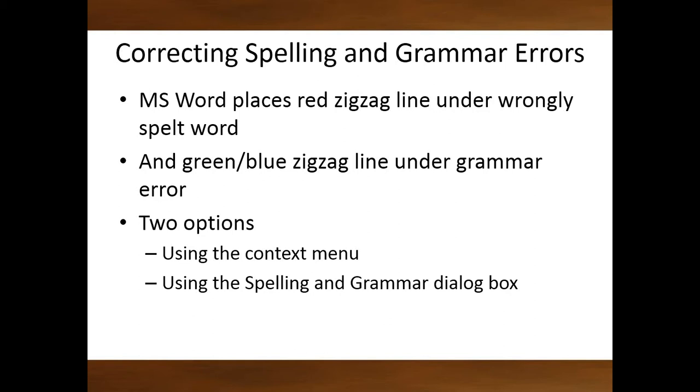We have two ways of correcting spelling and grammar errors. The first option is that we can use the context menu. The other option is to use the spelling and grammar dialog box, or in the 2013 version, the spelling and grammar pane.